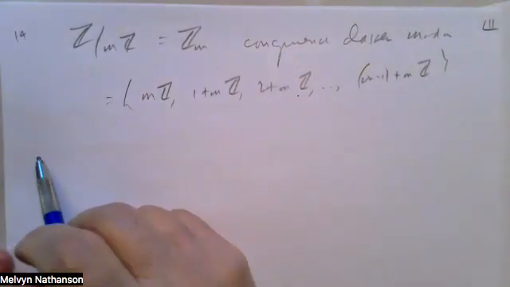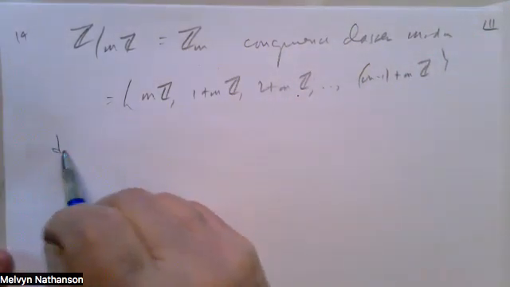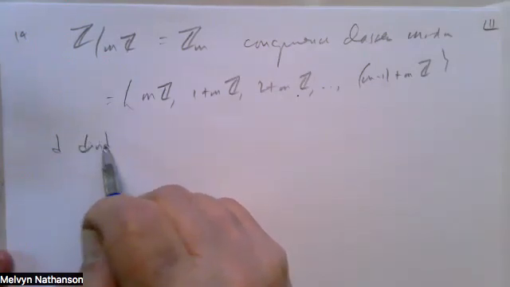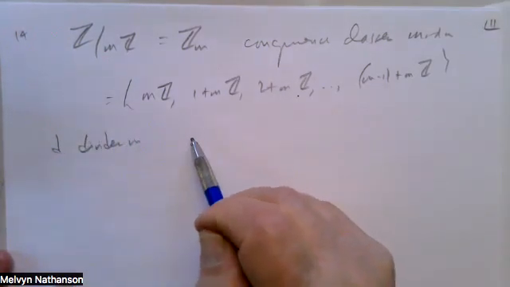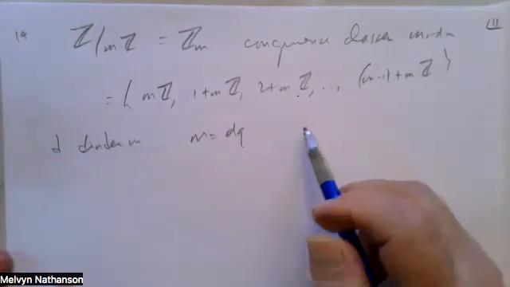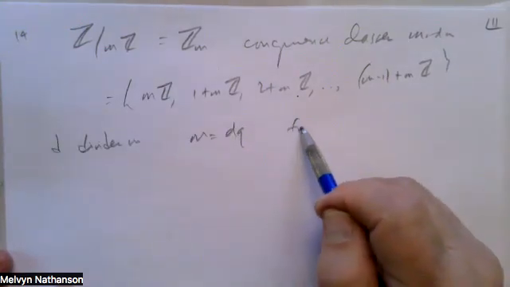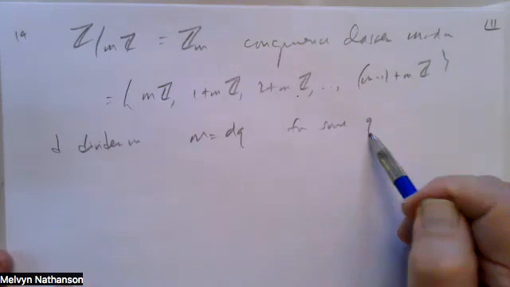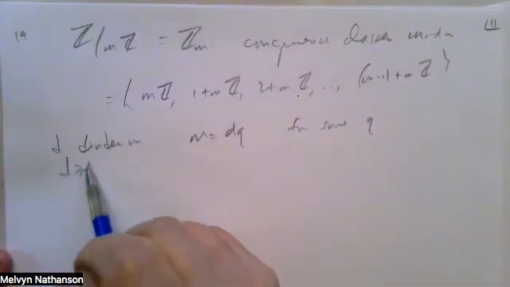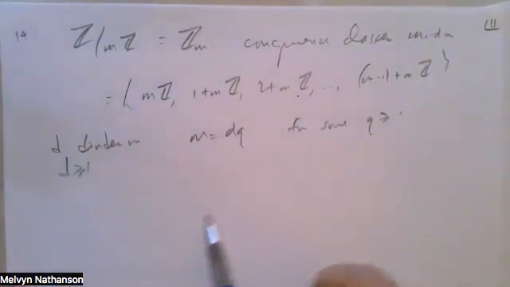And suppose that D divides M. So let's say M is D times Q for some Q. Take positive divisors to make it easier.